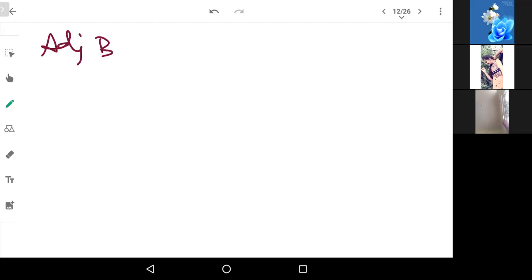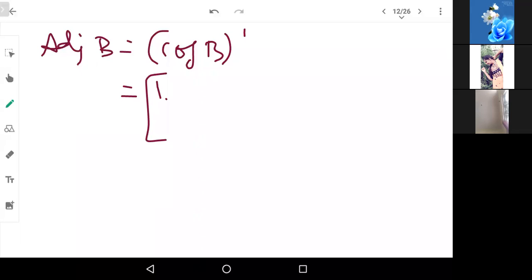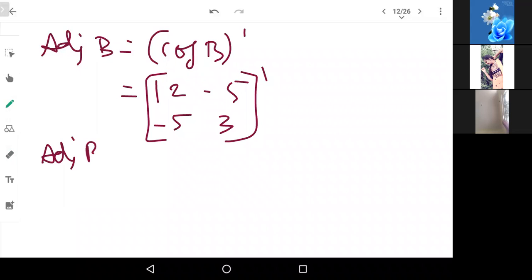So adjoint of B is cofactor of B transpose. That will be 12, -5, -5 and 3, transpose. So adjoint of B will be 12, -5, -5 and 3.